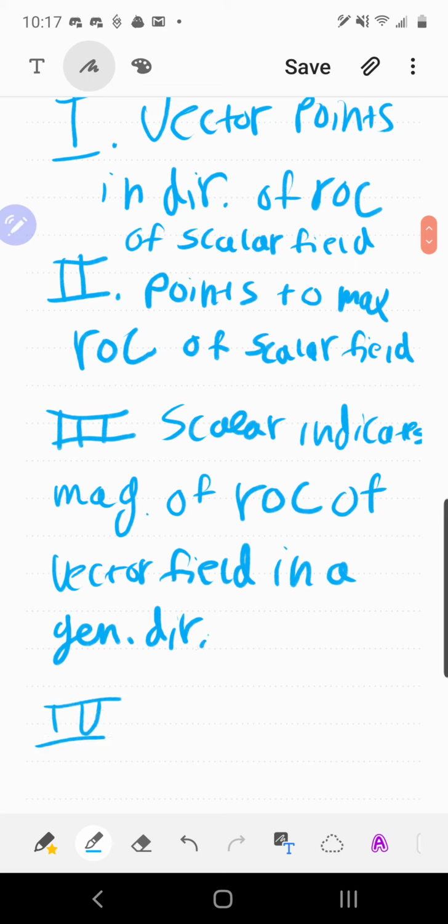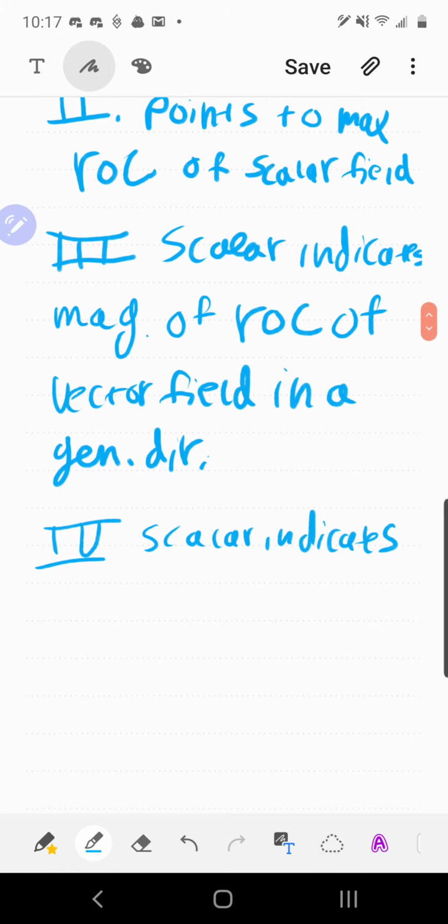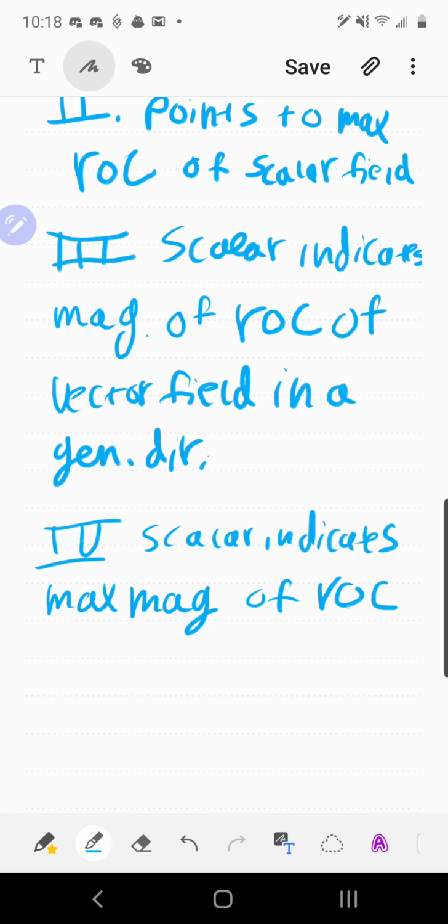And four, a scalar that indicates the maximum magnitude of the rate of change of a vector field in any particular direction.